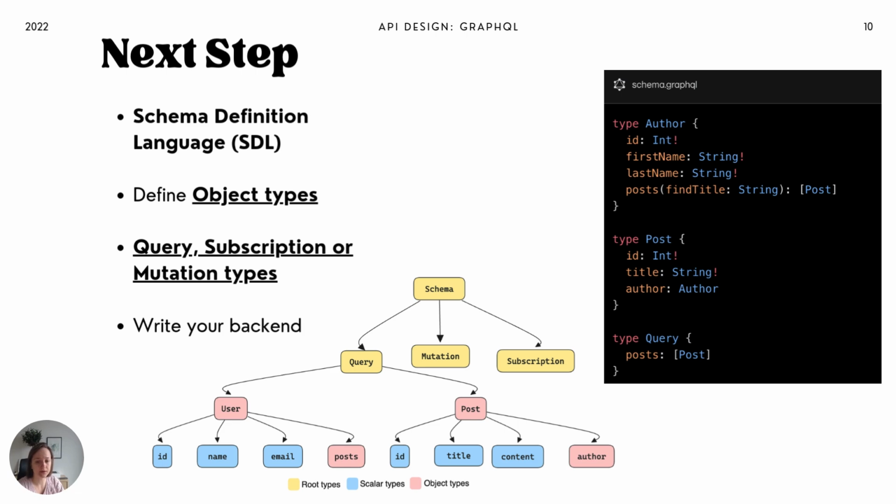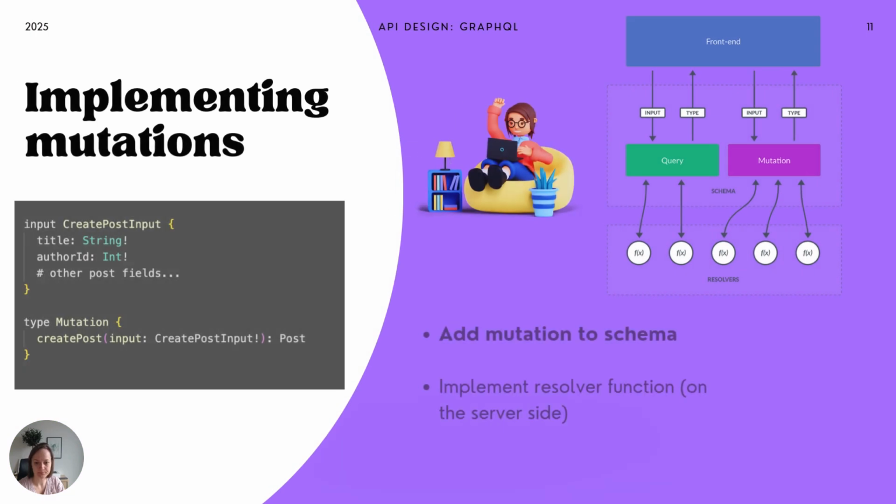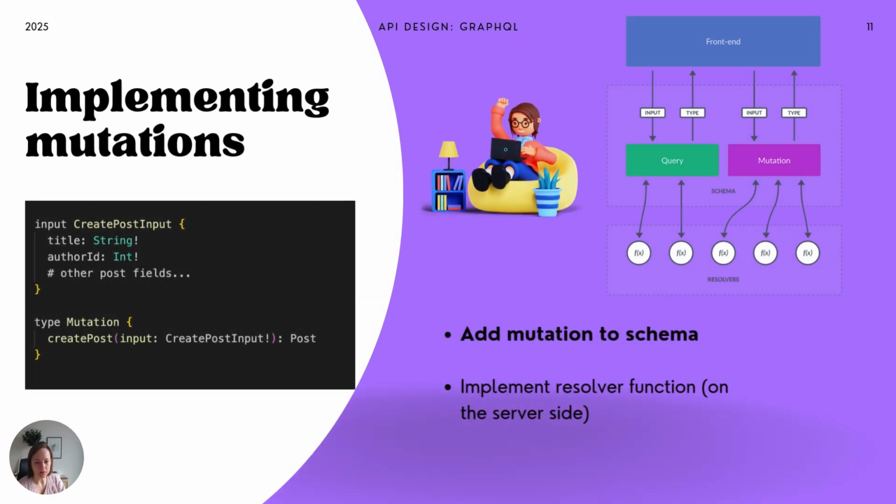Then after that, if queries are working, we go to mutation types. Subscription types we're not going to cover in this course, but mutation we will need. We will need to specify mutations on at least one of these object types. This might be the most confusing part of it, but the mutation you also specify in the schema.